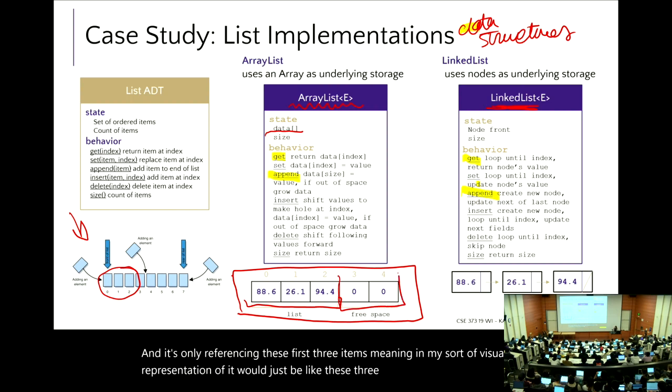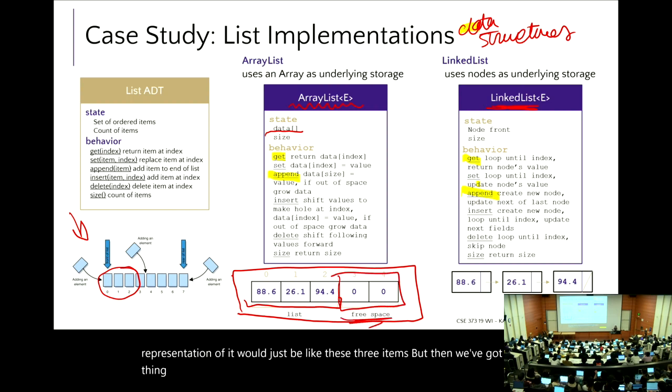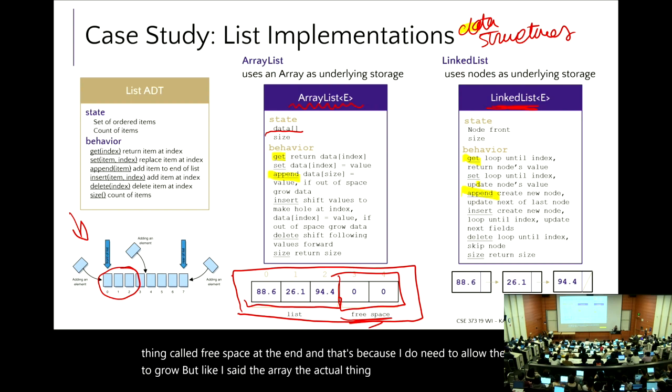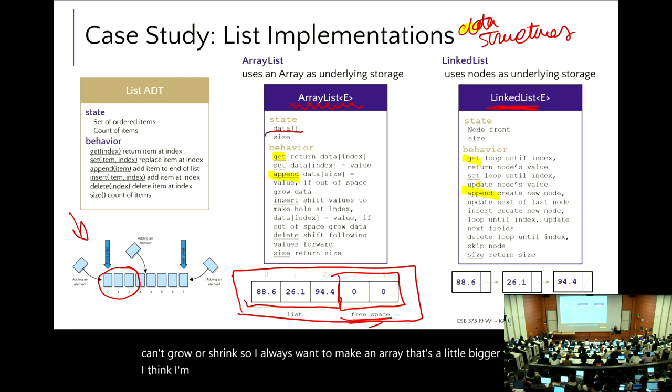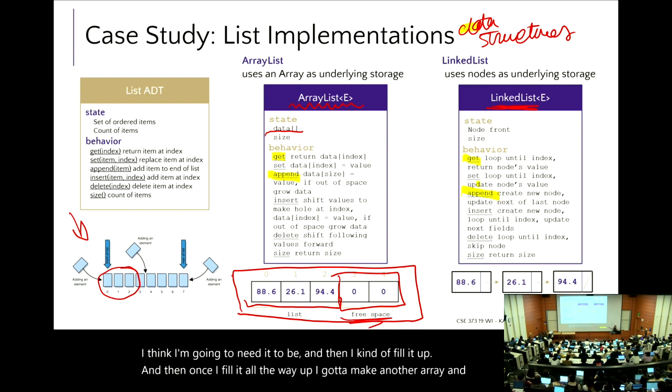But then we've got this thing called free space at the end, and that's because I do need to allow the list to grow. But like I said, the array, the actual thing inside of this concept of a list, can't grow or shrink. So I always want to make an array that's a little bigger than I think I'm going to need. And then I fill it up. And once I fill it all the way up, I have to make another array and copy everything over and make it bigger.